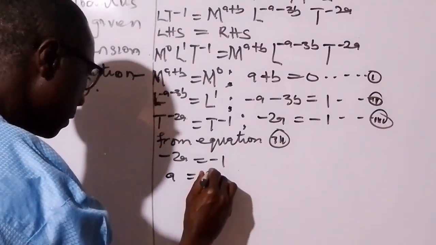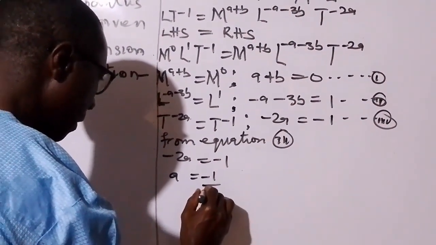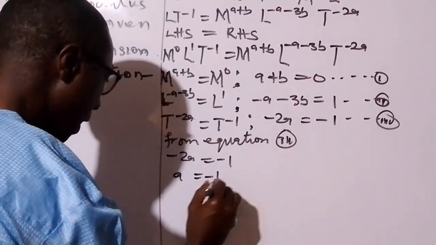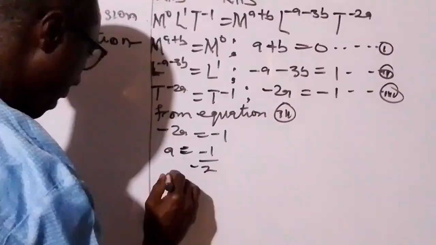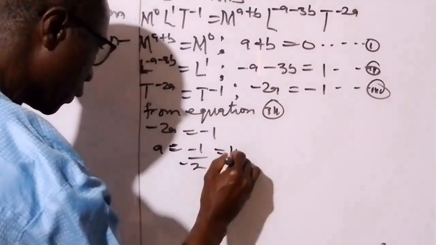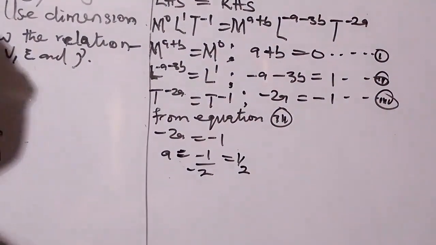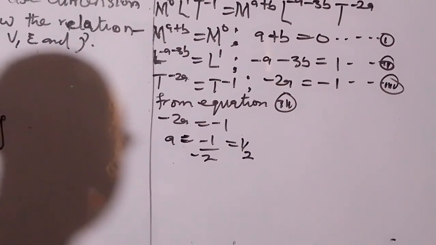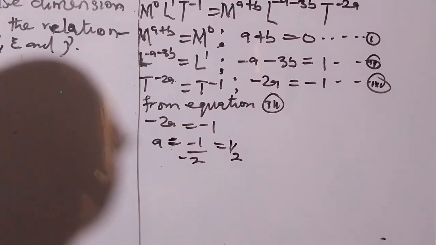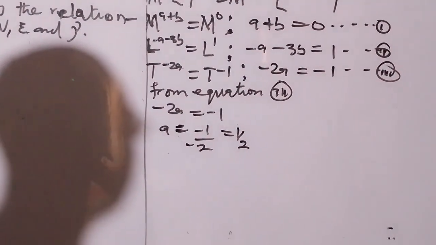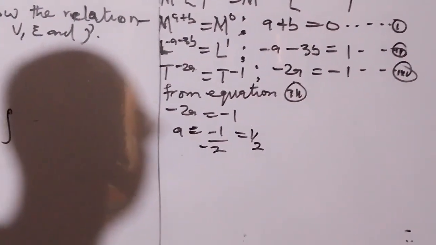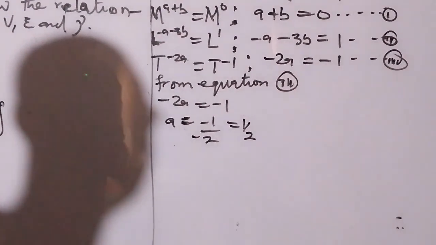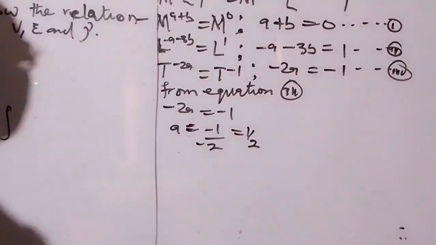Minus 1 over minus 2. So our A will be equal to half. Once we have half for A, then we can use either equation 1 or equation 2 to get our B. Let's use equation 1.